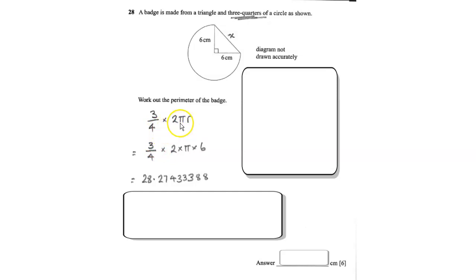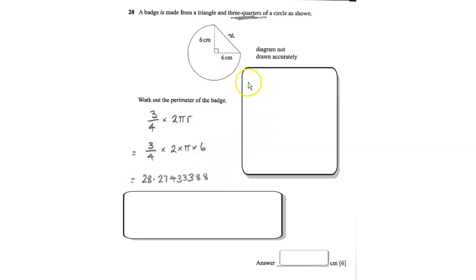You can use pi times diameter, but in this case I've used 2 pi r. So it's 2 pi times the radius. The radius is 6, as you can see there, so that's what's been put in here. And we just do 3/4 of this, and you key that into a calculator and you should get this number here.